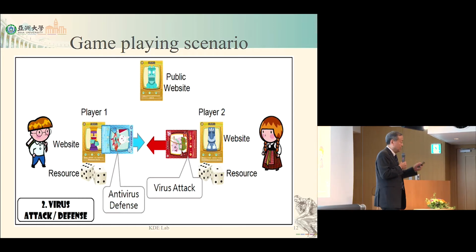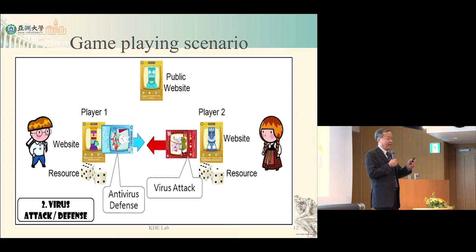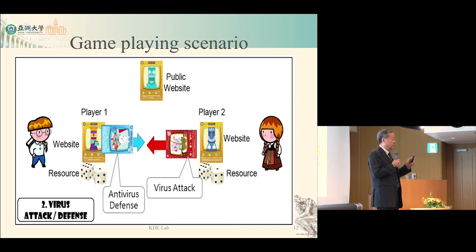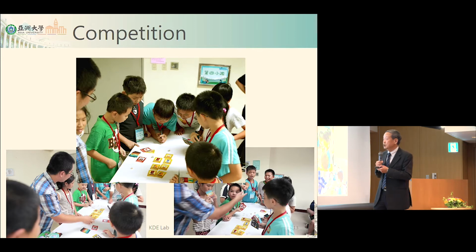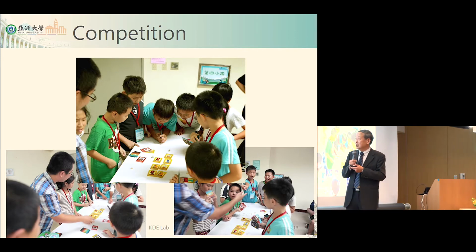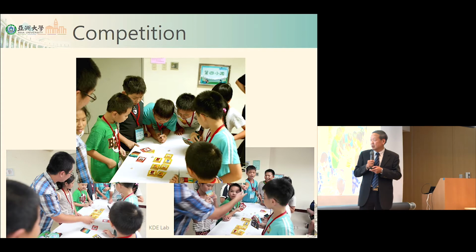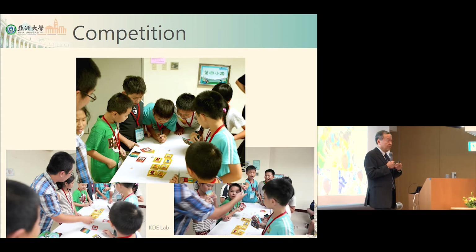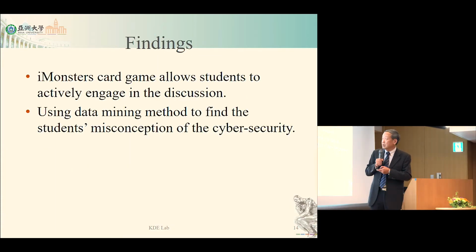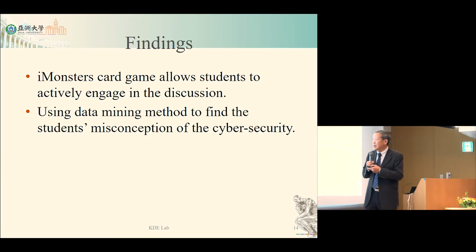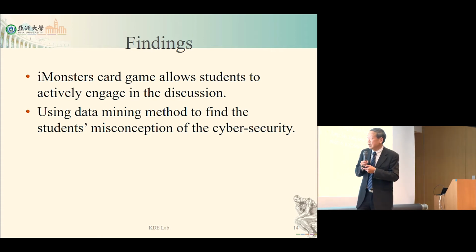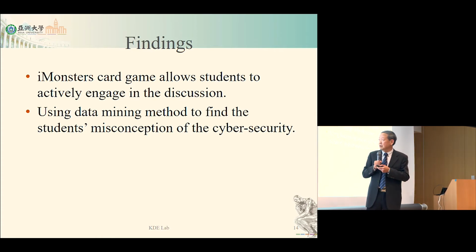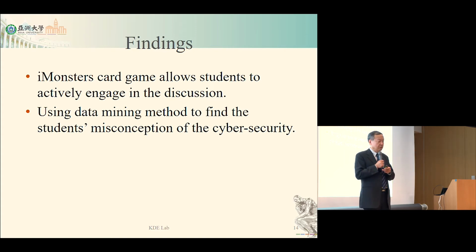It can take a combination attack to represent the real-life, very sophisticated attacks in cybersecurity issues. This picture shows our kids' summer camp. The kids are very happy to play this kind of game. Then I'd like to show the findings. We found that the iMonster card game allows students to actively engage in discussion.